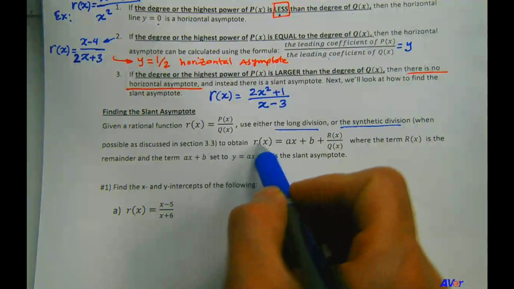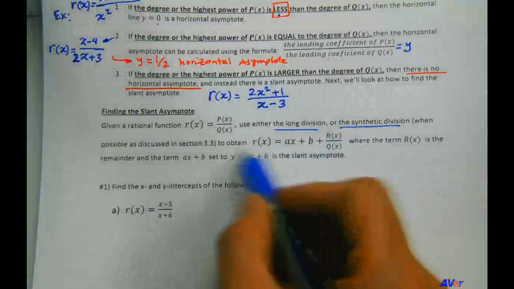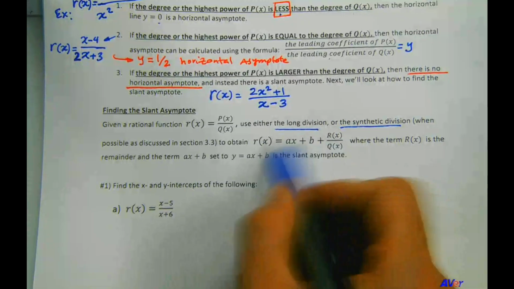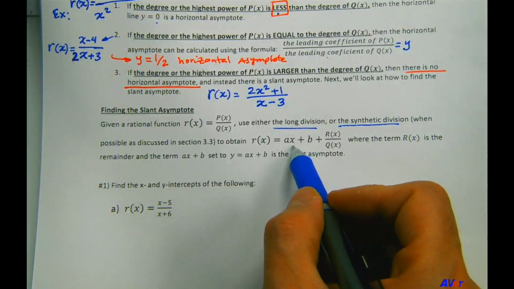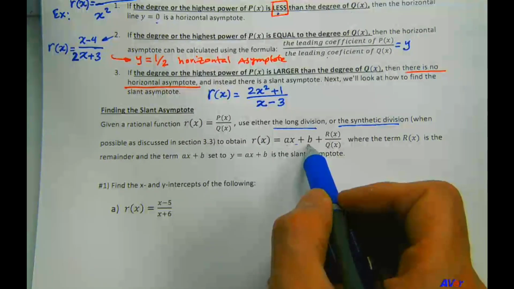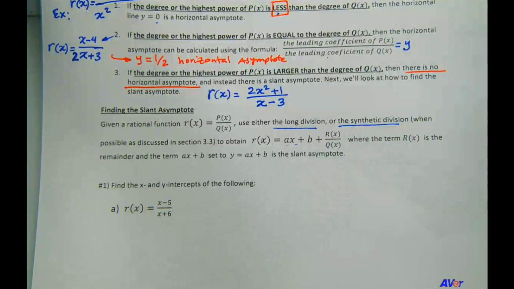Then to obtain this that we just did, use either long division or synthetic division, right? In our case, the quotient was 2x plus 6, if I remember correctly.